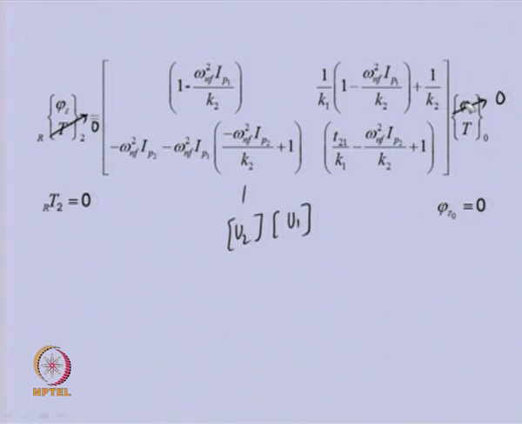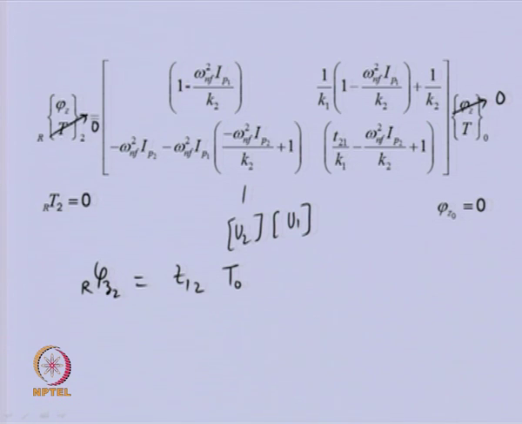If we expand this, the first equation will give us T12 times the torque T naught, and T12 is this quantity.